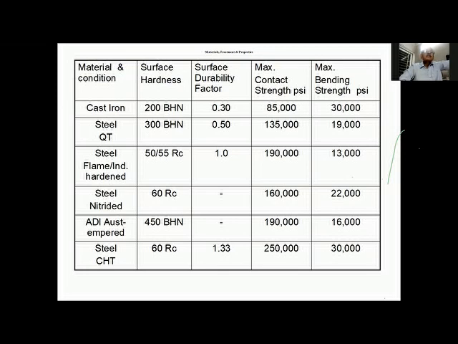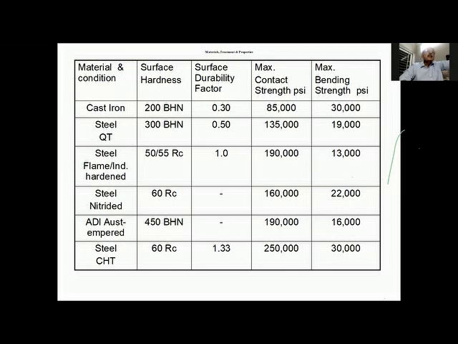The maximum contact strength that can be tolerated is 85,000 psi, which is quite low. The bending strength is quite high because it is rigid in nature, so it is 30,000, which is quite good.